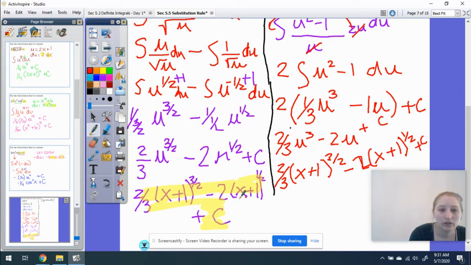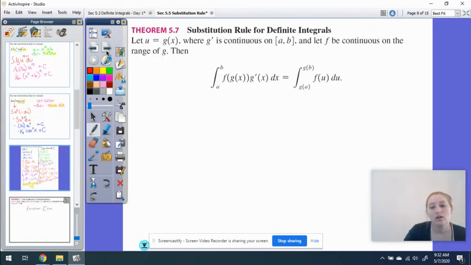Okay, so this next part is talking about how we are using our u substitution, but when we use u substitution, that is going to change the integral bounds, okay? So it's super easy to do. You're just going to plug in to get the new value, all right?